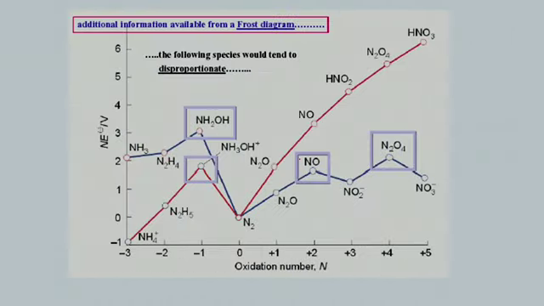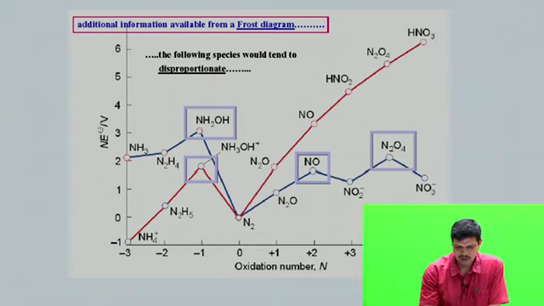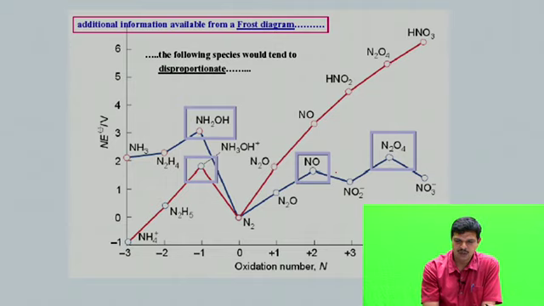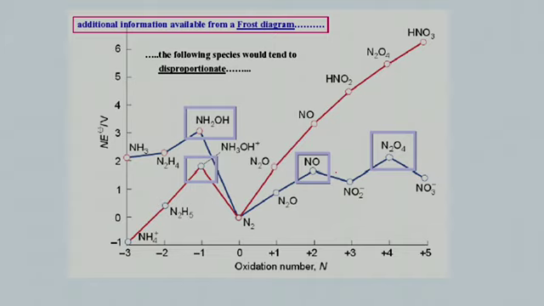So, as an example, you see that the red one is the acidic medium and the blue one is the basic medium. If I ask you to find out which one can undergo disproportionation reactions in the acidic medium, here I am just drawing a line, and you will see this is above.